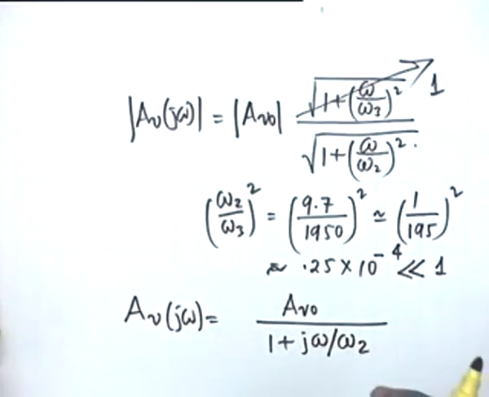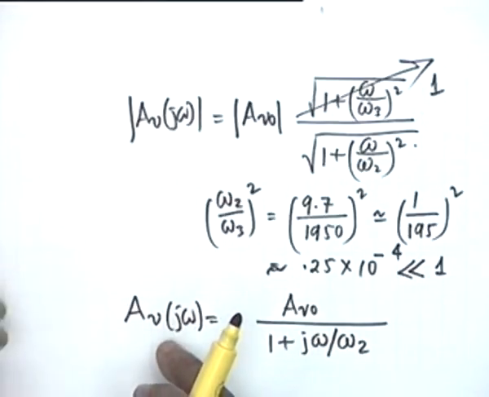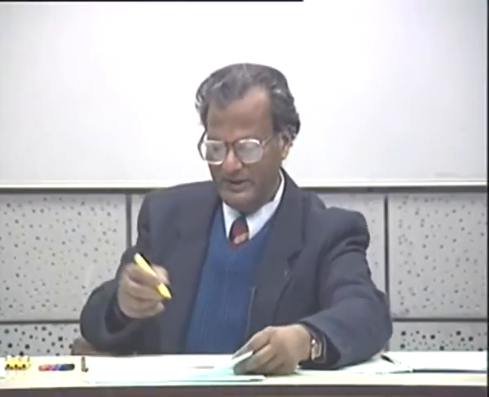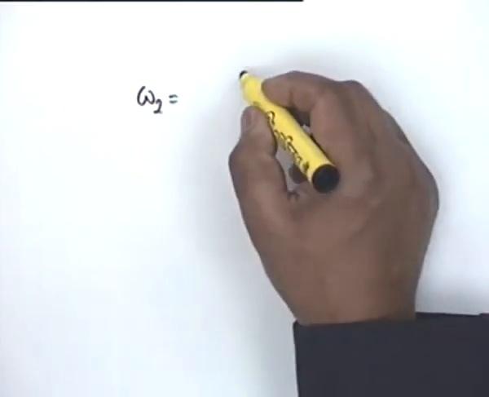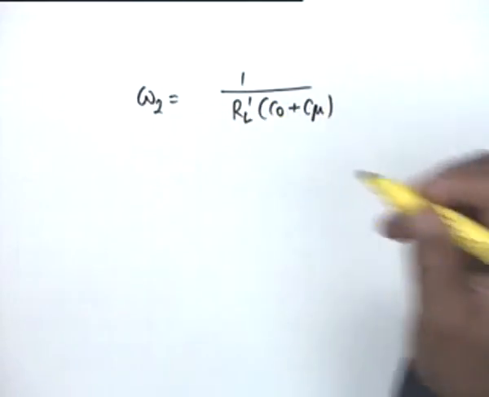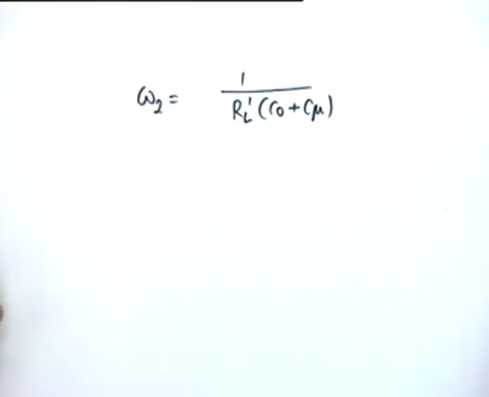It is like the transfer function of a low pass filter, and therefore omega 2 is the 3 dB cutoff frequency for the voltage gain V0 by Vi. It is not Vs, mind you. Vs is a separate story, a different story. And therefore omega 2, which is equal to 1 by RL prime times C0 plus C mu, is the 3 dB cutoff of the voltage gain V0 by Vi.